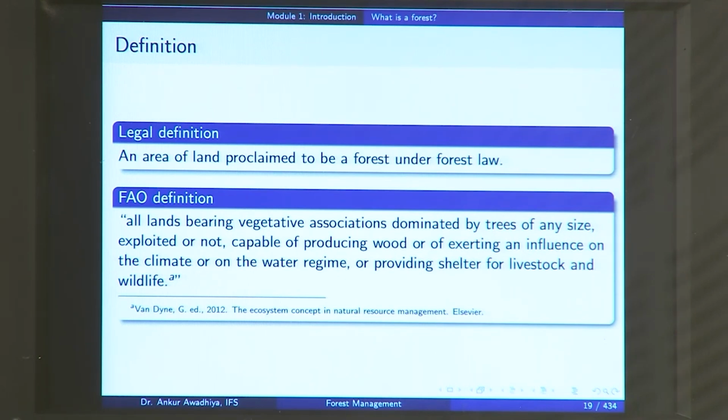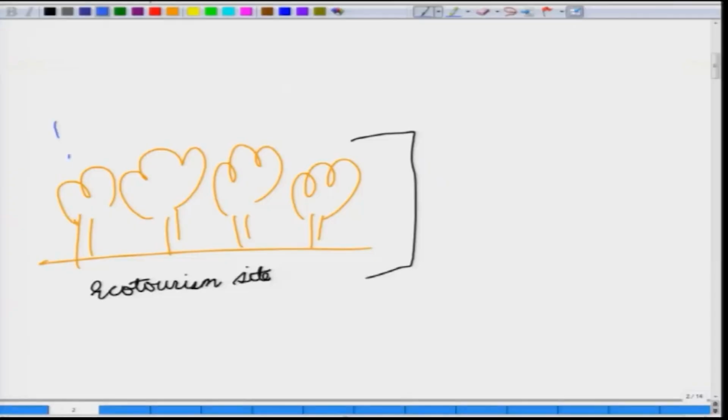Because in the case of trees, there will be a greater recharge of the groundwater, because whenever the water falls on this land, it does not move in a deluge. When you have rainfall in this area, the raindrops are not falling at a very high speed, because they get entrapped in the canopy. So, the speed has reduced, and with this reduced speed, they are falling to the ground.